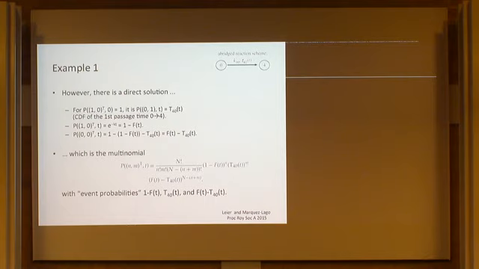Again, this reminds us of the paper by Huisinga and Jahnke, where they expressed the solution in terms of a convolution of multinomial and Poisson distributions. But in this case, we actually use a delay, so the delay distribution is included here in the CDFs of the first passage time.